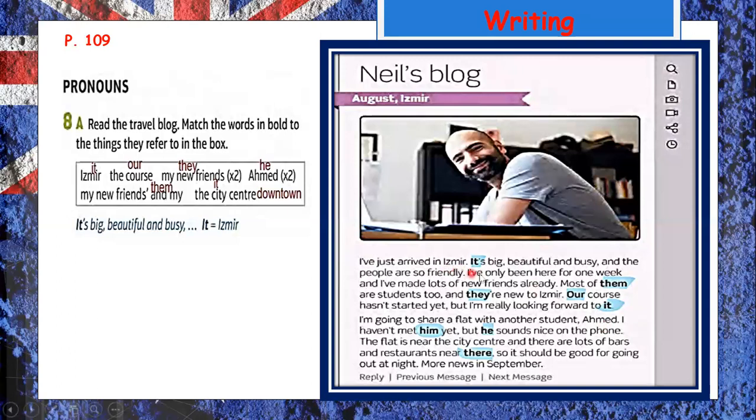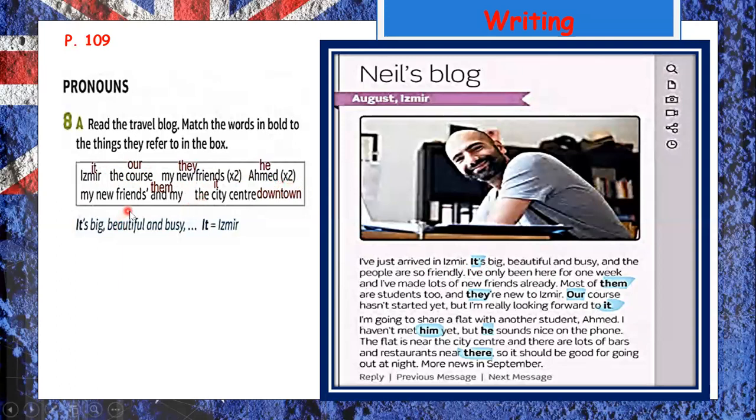So in this case, the recommendation is to substitute the words in bold with the correct word. When we say it, we refer to Izmir. When we say our, we are referring to the course. When we say my new friends twice, we are saying they. When we say him, we talk about the student twice.